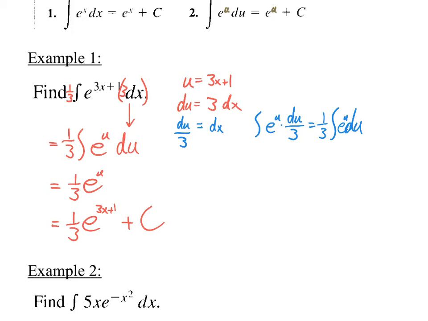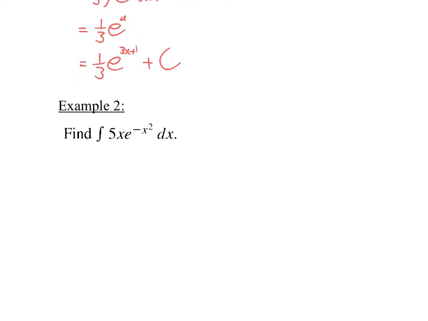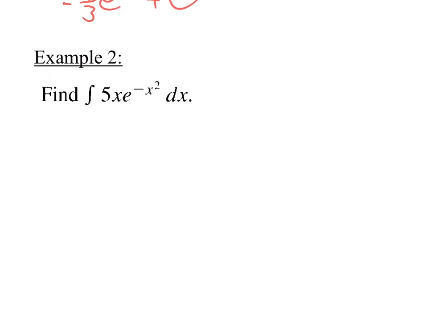Let's try another one, okay? What is u in this case? Negative x squared. So du is negative 2x dx. There you go. So I'm going to rewrite this one. I'm going to pull the 5 out in front, and I'm going to rearrange the inside a little bit.